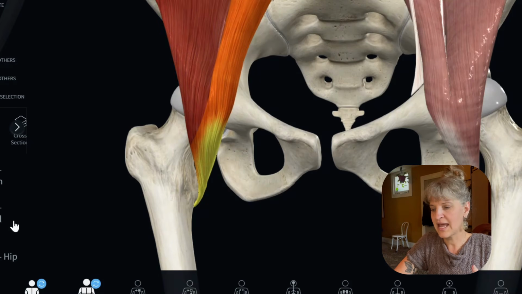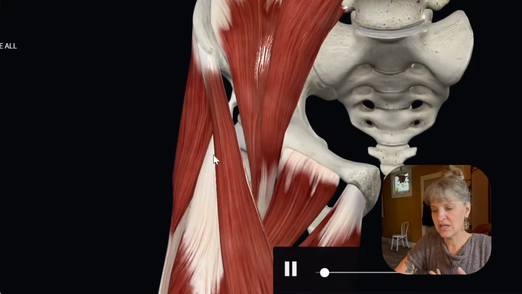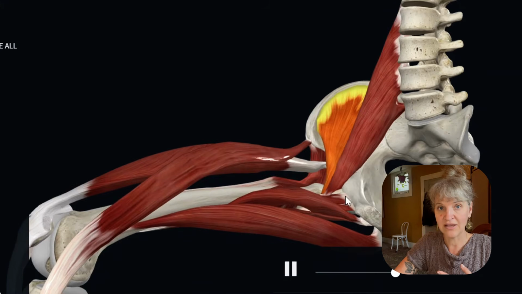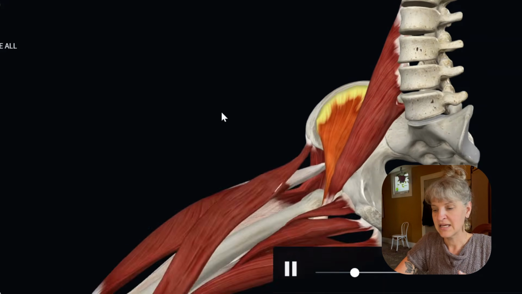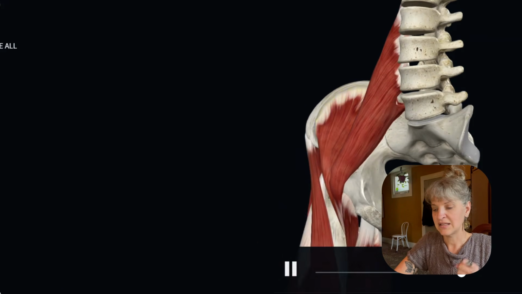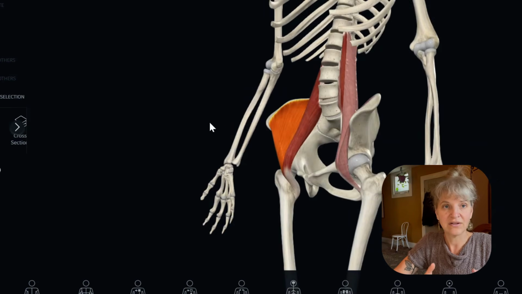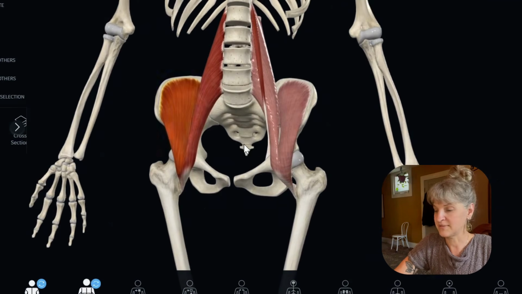So just like the psoas muscle, it helps with hip flexion, lateral rotation of the hip. It causes anterior pelvic tilt either bilaterally or unilaterally. And if the leg insertion is fixed, just like the psoas, it helps with flexing the trunk.